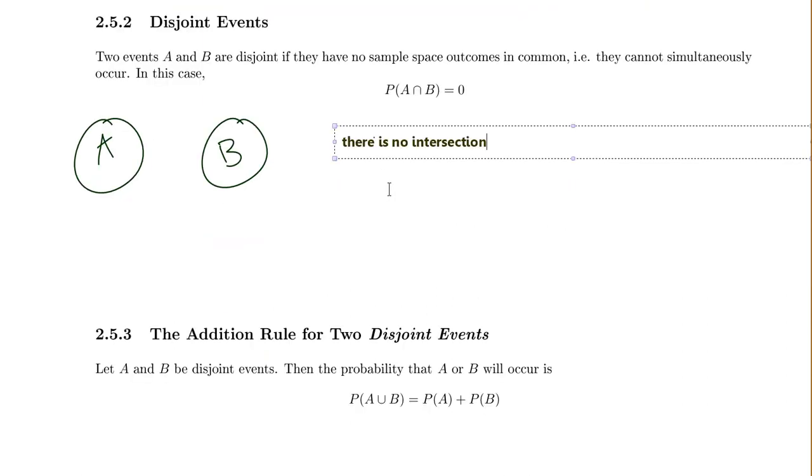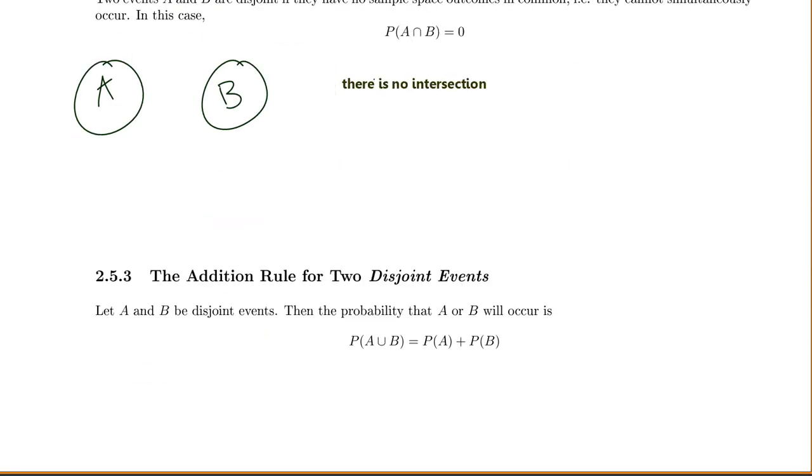Now the reason we reminded ourselves of this is because we also have an addition rule for two disjoint events. If A and B are disjoint events, then the probability that A or B will occur is just going to be the probability of A plus the probability of B. Why don't we have to subtract the intersection?